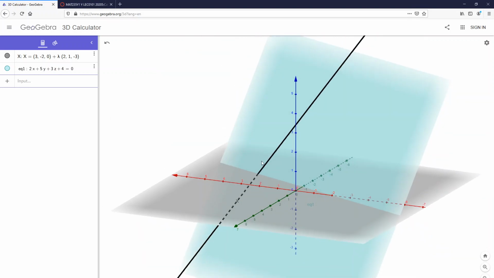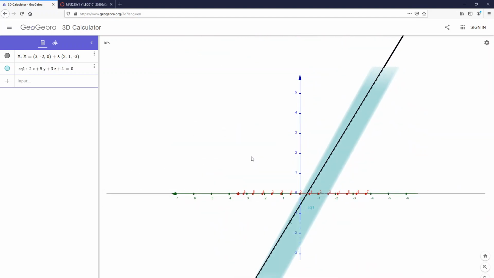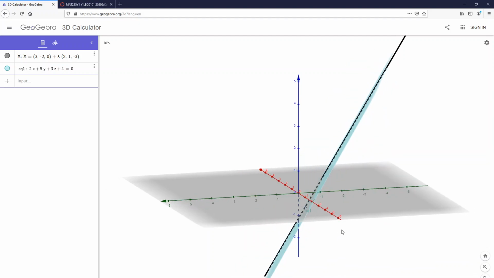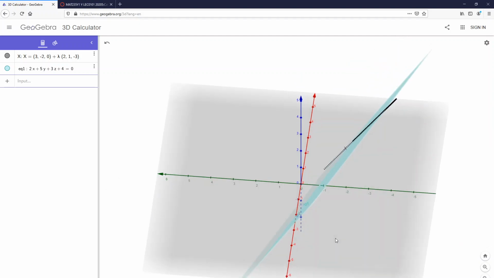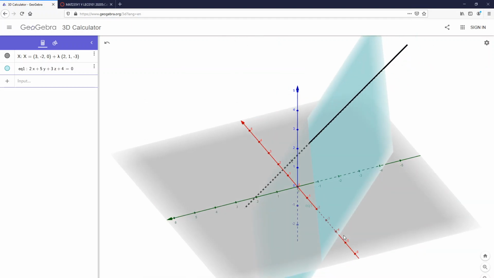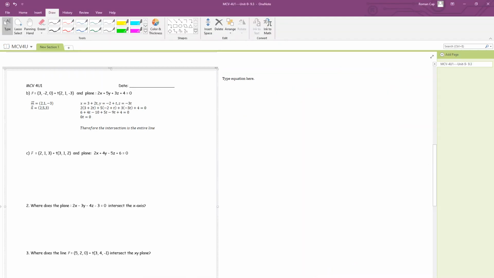Here you'll see that the line is actually on the plane, so there's infinitely many solutions to this one. Okay, so one other note here that I actually want to write is that m dot n is equal to 0.